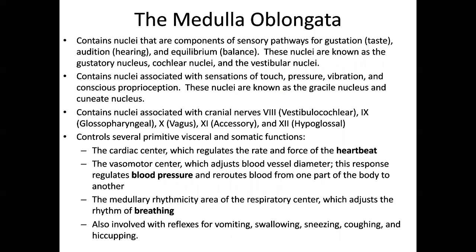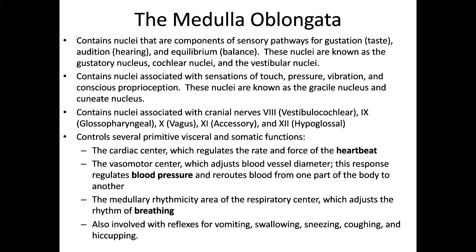Now, this term you see here, nuclei, is the plural form of nucleus, which we've talked about a couple lectures ago when we talked about cells, and before that the nucleus of an atom. When you see the word nucleus, or in this case nuclei, when discussing the brain or spinal cord, that's referring to the cell bodies of multiple neurons.